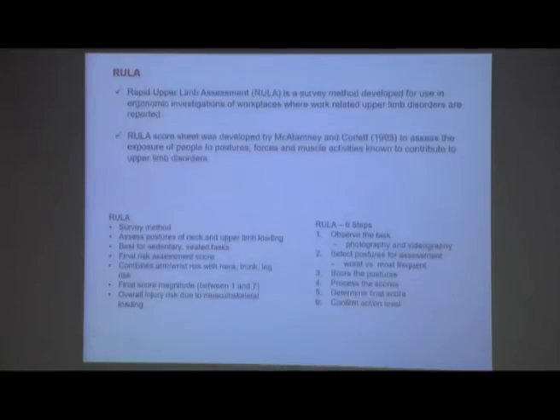Then next is another posture evaluation method, that is called RULA. The first one was Ovako working posture analysis, the next one is RULA, rapid upper limb assessment. This is also a survey-based method. Rapid upper limb assessment is a survey method developed for use in ergonomic investigations of workplaces where work-related upper limb disorders are reported.